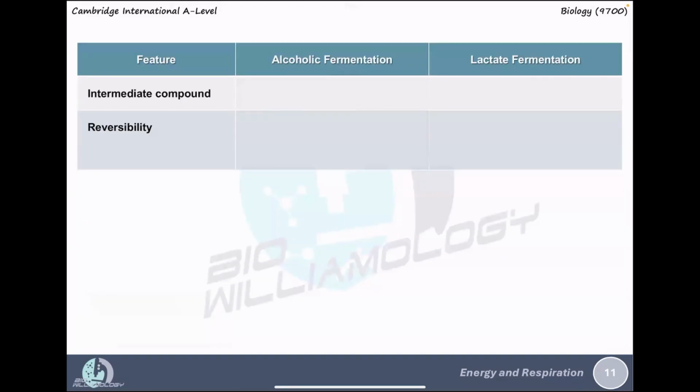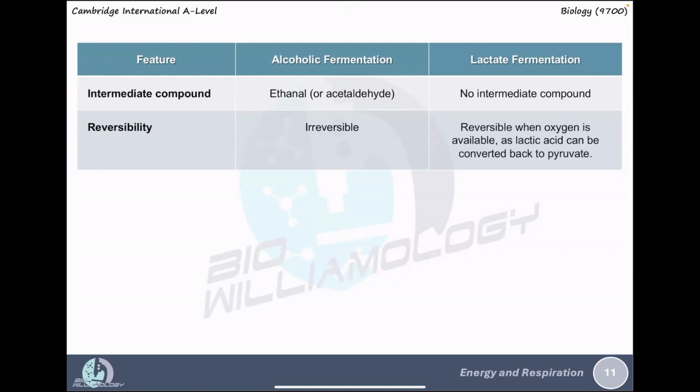Since alcoholic fermentation is a two-step process, there is an intermediate compound known as ethanal or acetaldehyde. For lactic fermentation, no intermediate compound is formed. In terms of reversibility, alcoholic fermentation is irreversible. However, lactic fermentation is reversible, provided that oxygen is available, so this lactic acid can be converted back to pyruvate.